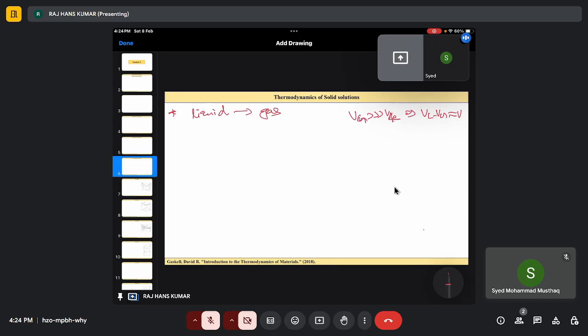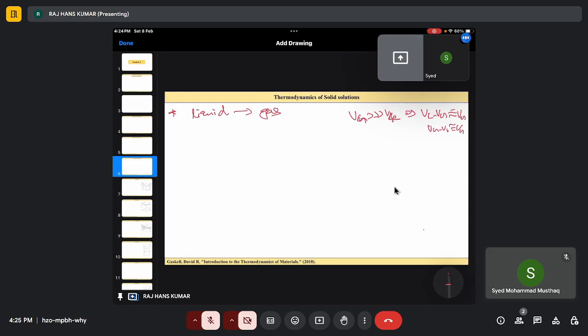So density of liquid is larger when compared to density of gas. So VL minus VG can be approximately equals to minus VG, or VG minus VL can be approximately equals to VG, it depends on how you write it, right? So VG minus VL is approximately equals to VG.